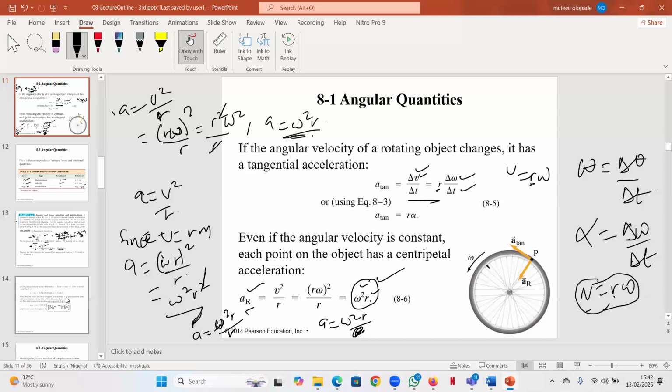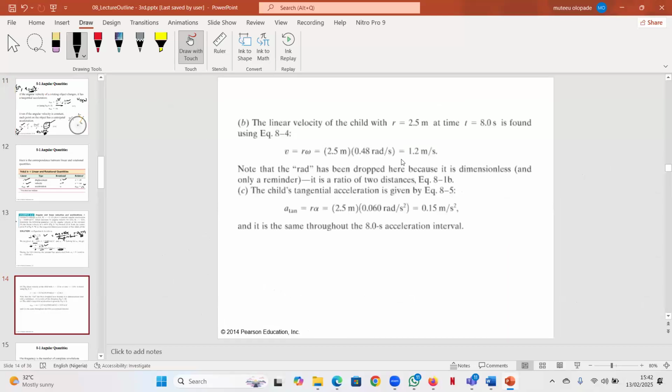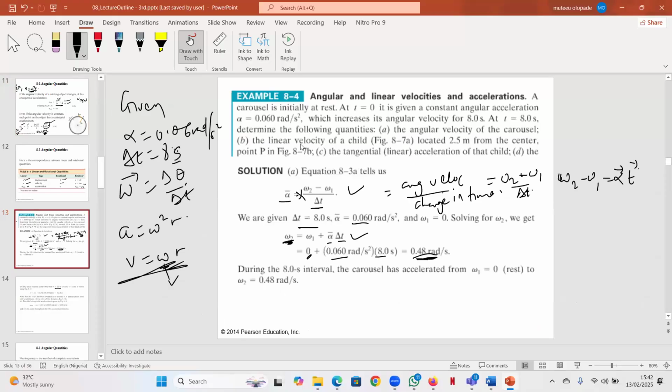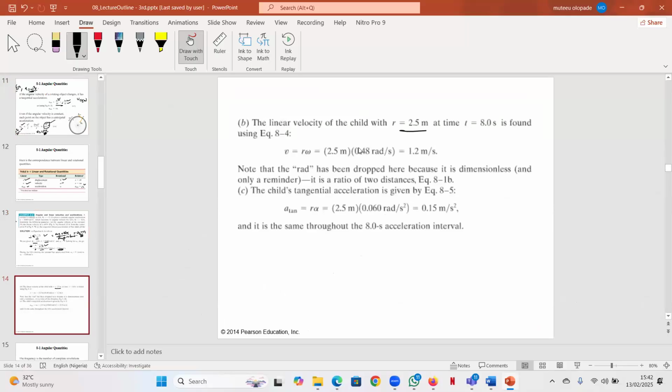So if we go back to the question, we know our r because it was located at 2.5. So the linear velocity of the child located 2.5 meters from the center. So that means our r is 2.5.